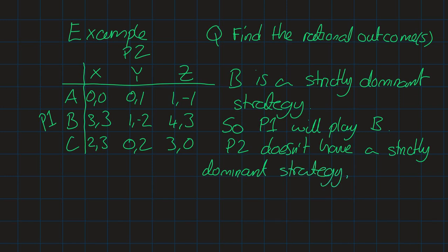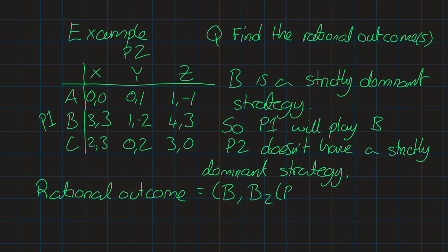But that doesn't mean we can't work out the rational outcome. We know that player 1 is going to choose B, and player 2, being rational, is going to do the best response to player 1 choosing B. So if we think about what that could be, we isolate the B row. If player 2 chooses X, they get 3. If they choose Y, they get -2.